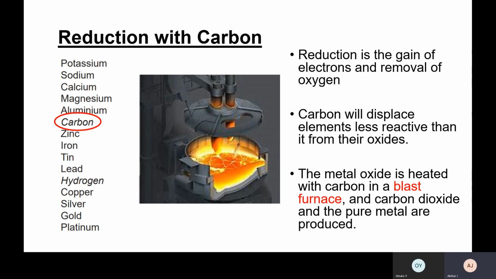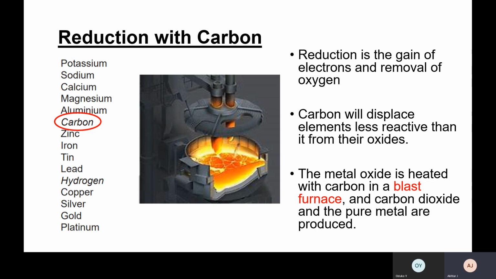Now, usually these metal compounds in ores are metal oxides, and so essentially the metal oxide is heated with carbon in a blast furnace at really, really high temperatures. And the products would be carbon dioxide and the pure metal, which can simply be poured out.